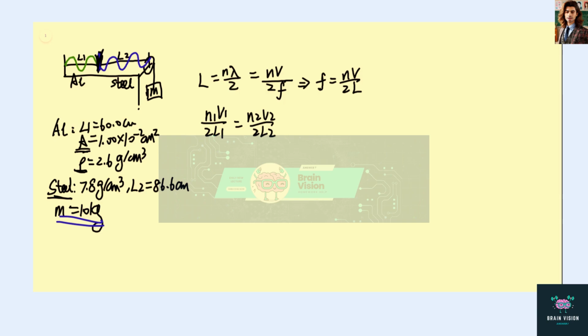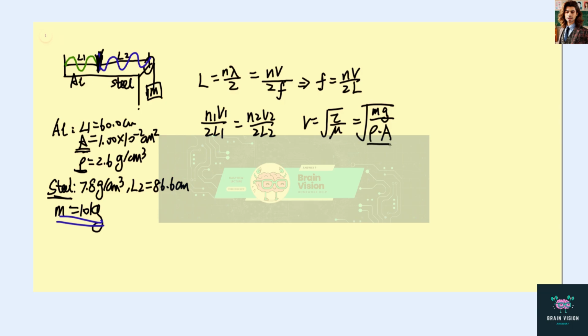Okay, so now we need to plug in what the velocity is, because we know what L is, but we don't know what velocity is. So velocity is square root of tau over mu. Tau is mg, and mu is rho times cross-section area.